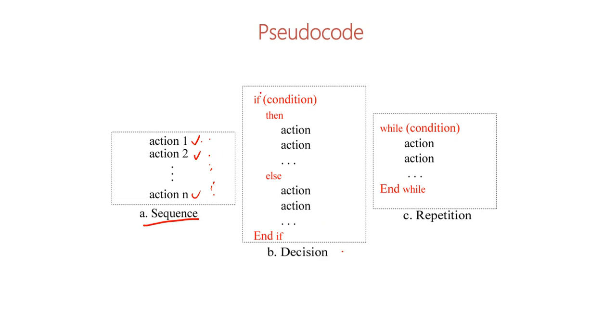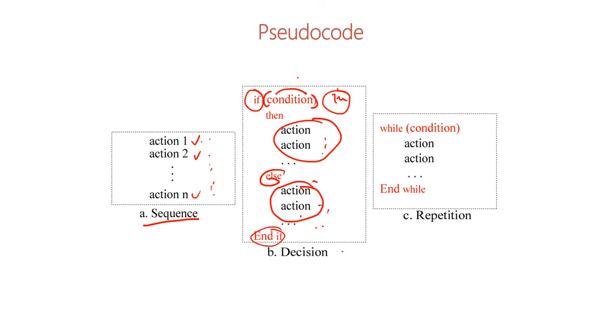For the decision, we use if, and then we put the condition. If Miss Isna is still teaching, then I do something here. So if this is true, then do something here. Else, if this is false, maybe like I stop teaching, then do something here. So if true, do this one. If false, do this one.